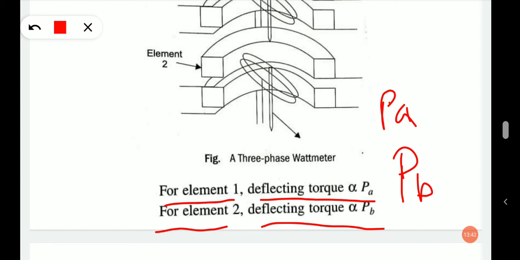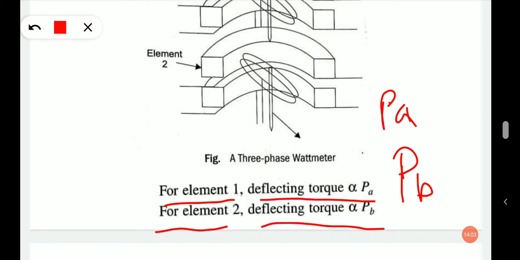The total deflecting torque is equal to the algebraic sum of the torques exerted by the two coils, and it is proportional to the total power measured by them.